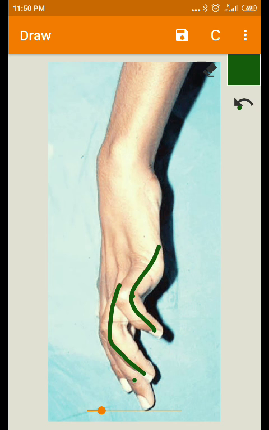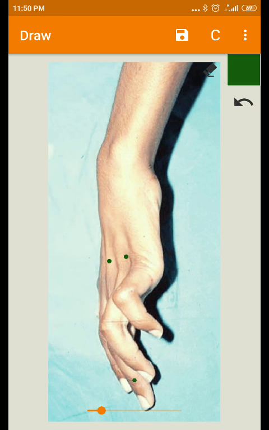The patient is unable to spread out the fingers due to paralysis of the dorsal interossei. The power of adduction of the thumb, so it is also supplying the adductor pollicis, isn't it? The power of adduction of the thumb and flexion of the ring and little fingers are lost.